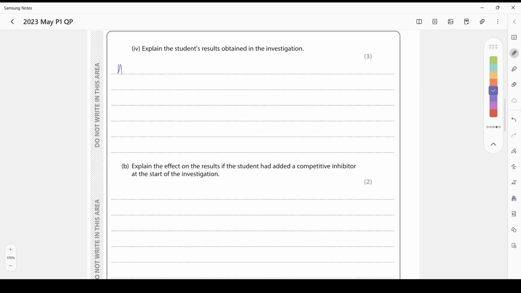So we can say at the beginning, there was a high concentration of substrate.